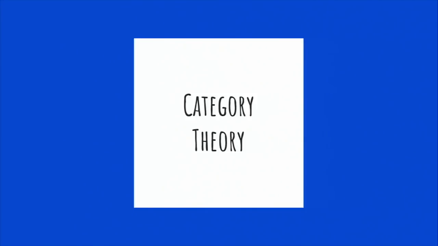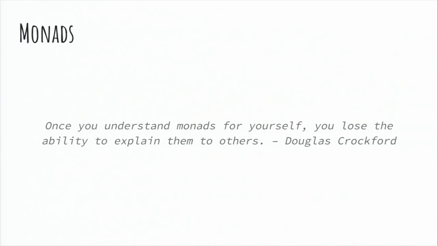Of course, there's also one thing that all functional programmers talk about, category theory, and especially monads. Do you know Douglas Crockford? He said that once you understand monads for yourself, you lose the ability to explain them to others.